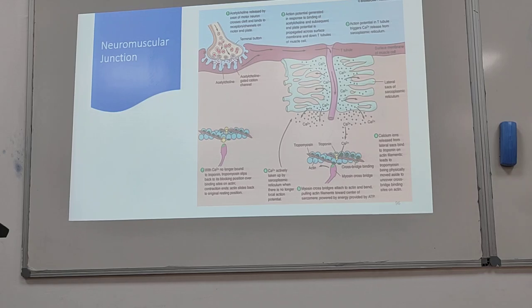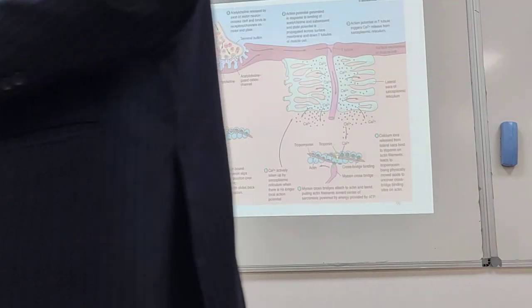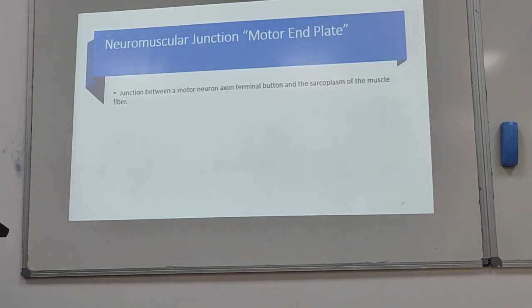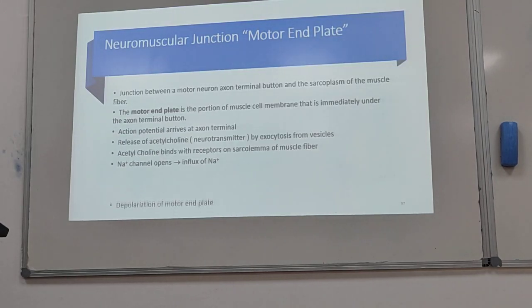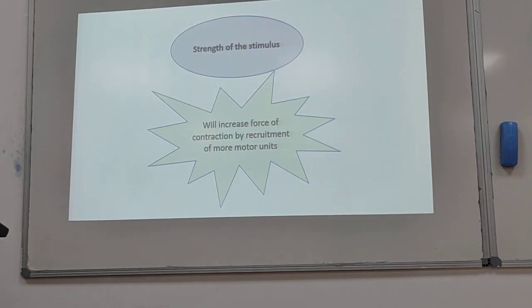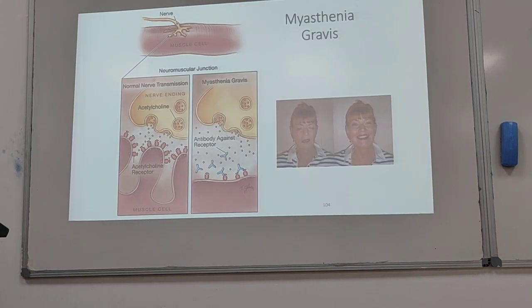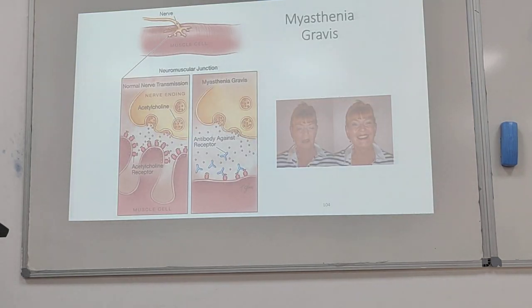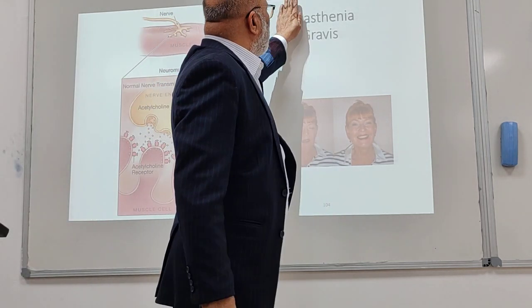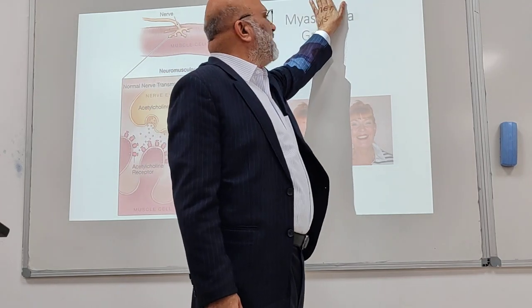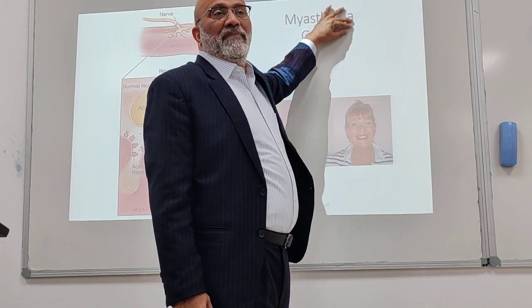So the word now which we are going to introduce, and the disease to discuss in the last 3 slides. When all these processes fail because the acetylcholine receptor is destroyed, the disease is called? Myasthenia gravis. What does asthenia mean? Weak muscle. Weakness. What does my mean? Muscle. Myo.